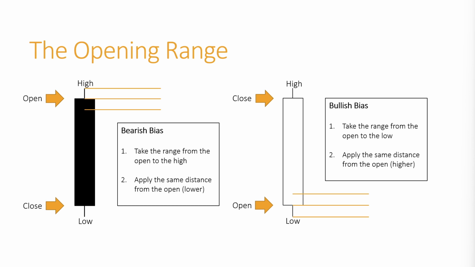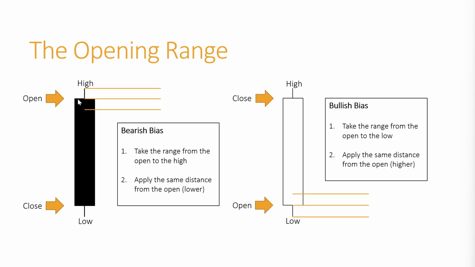So if we have a bearish bias, remember we're expecting the open to the high, so that's where our accumulation is going to be. And so this is where smart money is going to be getting set in short positions prior to the manipulation phase and then the distribution phase down here at the lows and the close.